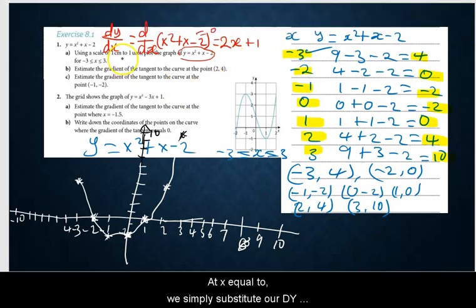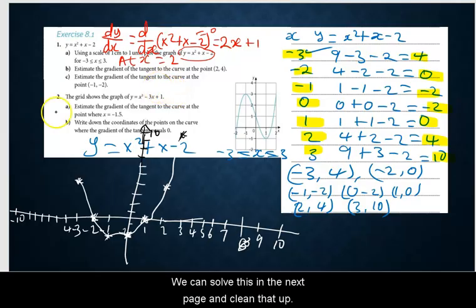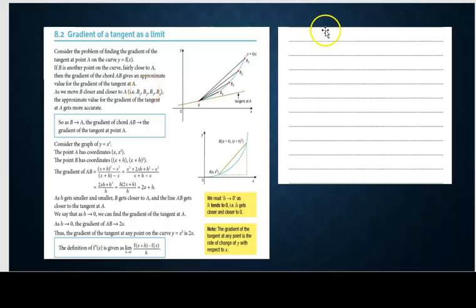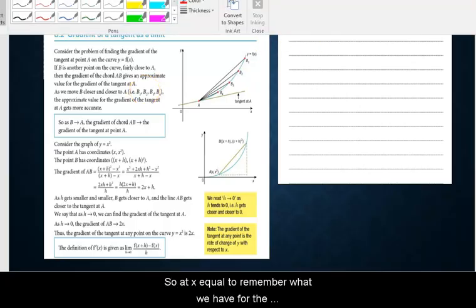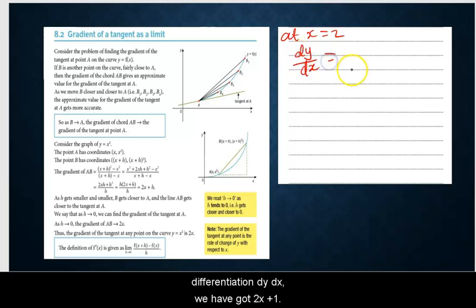At x equal to 2, we simply substitute into our dy/dx. We can solve this in the next page and clean that up. So at x equal to 2, remember what we have for the differentiation dy/dx, we have got 2x plus 1.